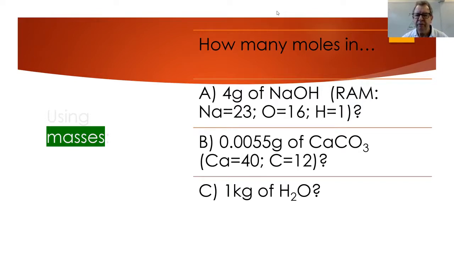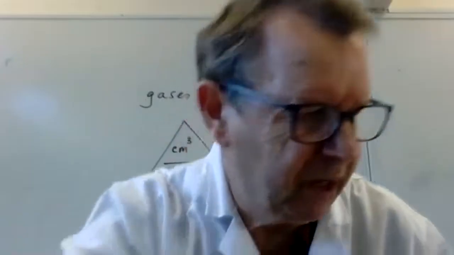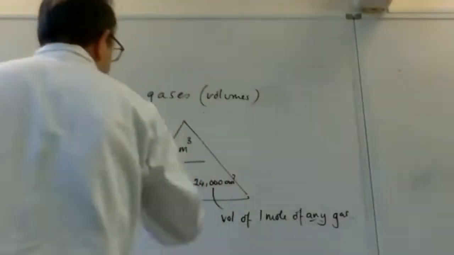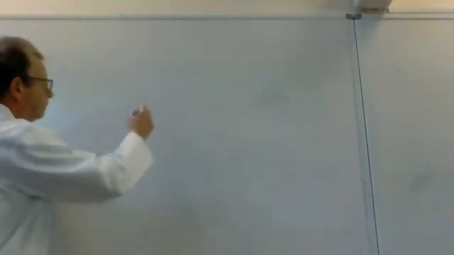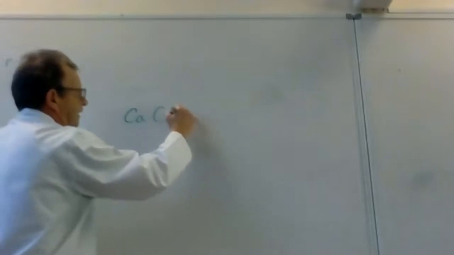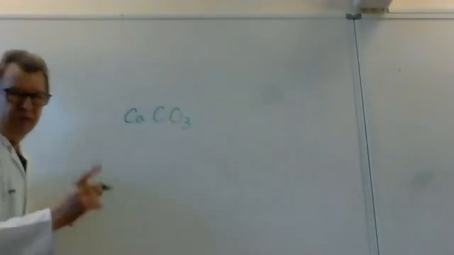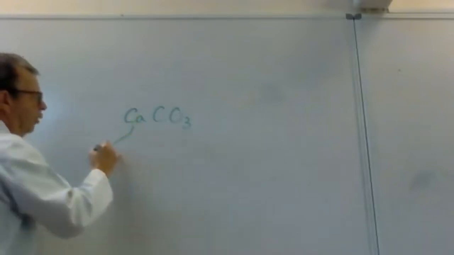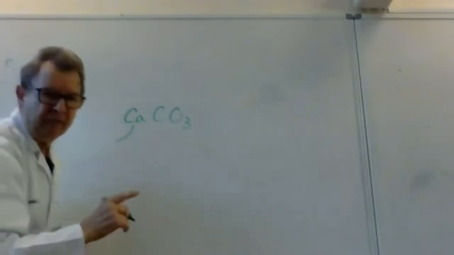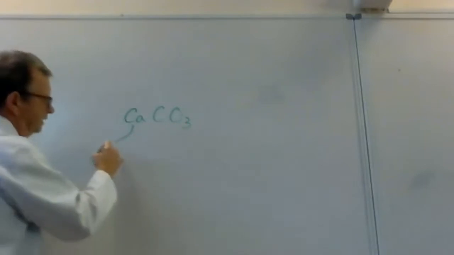So here we go. So calcium carbonate, just in case you're not really confident with this, calcium carbonate is a solid, CaCO3. You probably know this really, I'm telling you something you know already, but all you do to find the RMM of it is to add up all the bits and pieces that we've got.